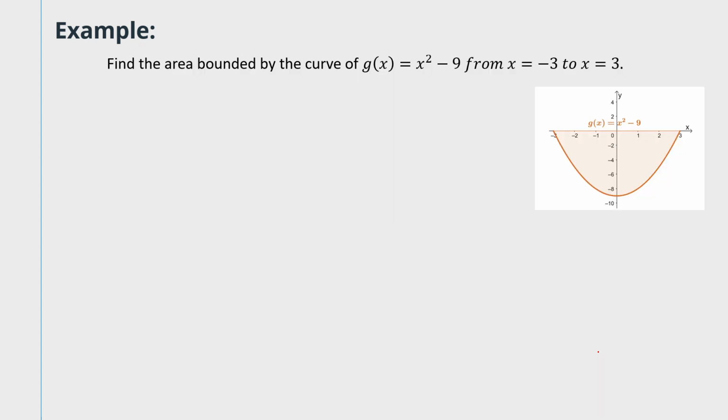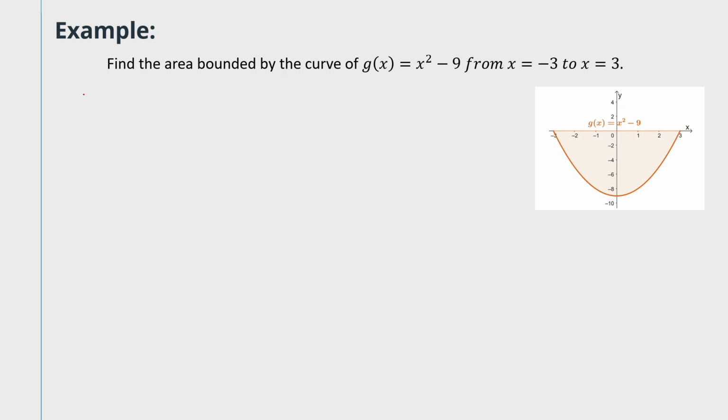Next, we need to find the area bounded by the curve g of x is equal to x squared minus 9 from x is equal to negative 3 to 3. So first we need to set up the integral.